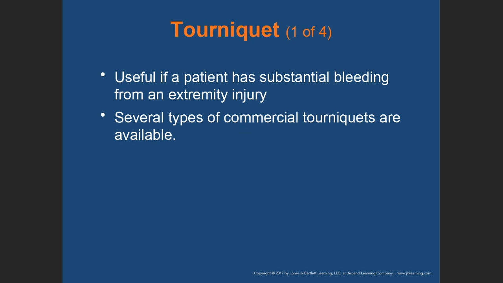For the tourniquet, it is useful if a patient has substantial bleeding from an extremity injury. Now, a tourniquet is not a simple device or a simple procedure for controlling bleeding. And that's a very common misconception.